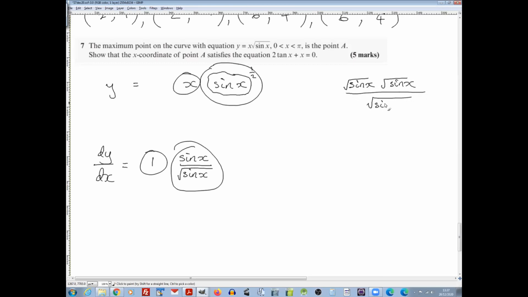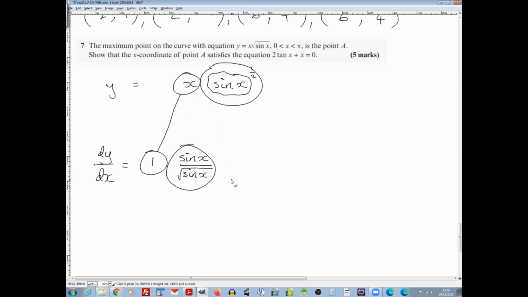So if that's over root sine x, they cancel and you're left with root sine x. Wouldn't it just be sine x over sine x? Oh no. You see, sine x is root sine times root sine, and one of them is cancelling with the one on the bottom. It's only because I've done it before that I can see what's ahead. But it is going to be used, just as it often is with a fraction. This is what the quotient rule does, really, provides a common denominator. Anyway, carry on telling me what to do.